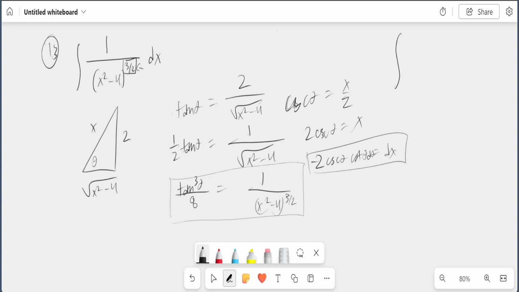So if we put this in terms of theta, I'm going to put negative 1/4 on the outside to get rid of the constants. Tangent times cotangent is 1, so that eliminates one. So we get tangent squared theta times cosecant theta d theta, right?